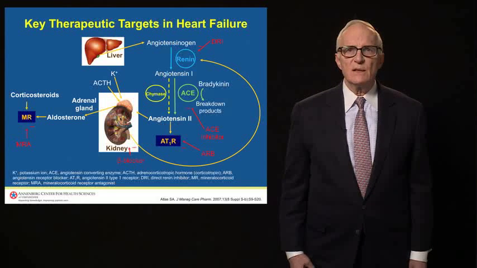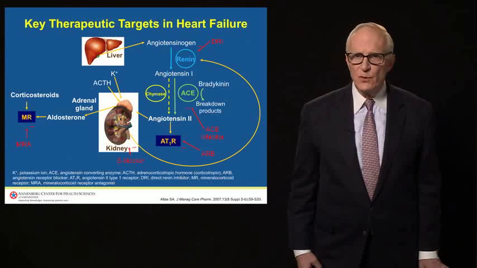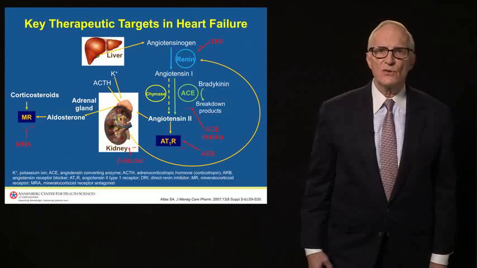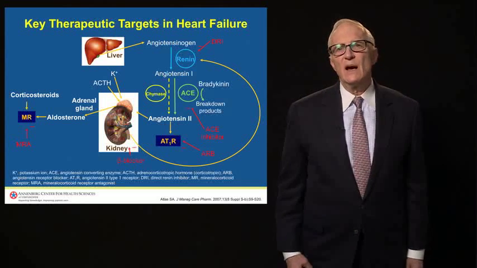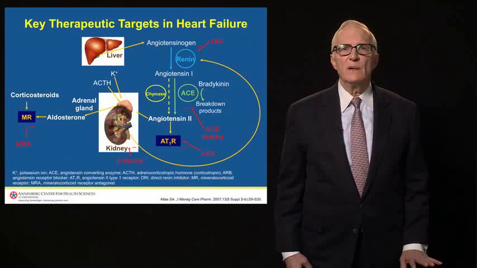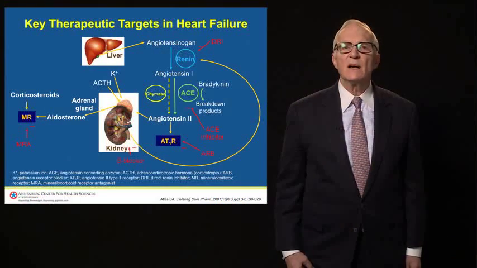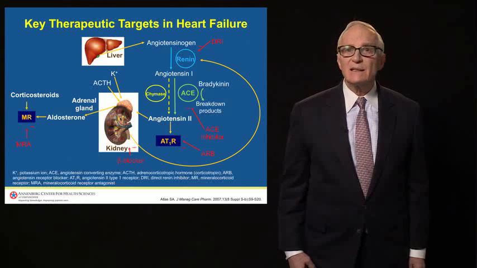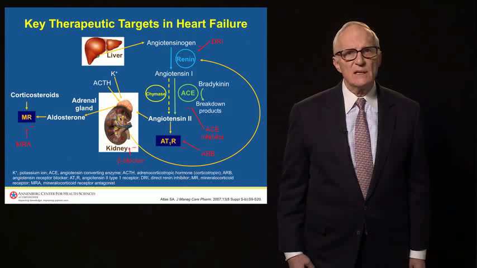In the renin-angiotensin portion of the renin-angiotensin-aldosterone system, we can intervene now at several sites. We have direct renin inhibitors. We have angiotensin-converting enzyme inhibitors. We have angiotensin receptor blockers. All of them can impact on the activation and activity of the renin-angiotensin system.